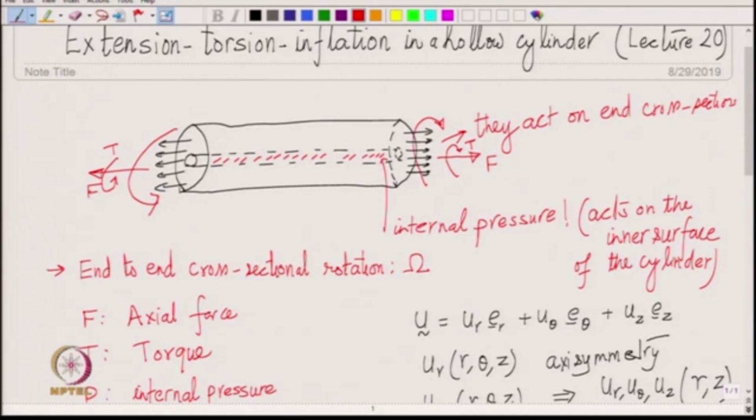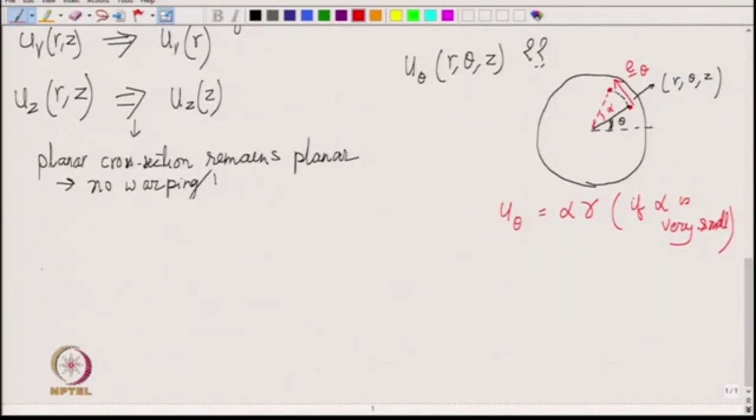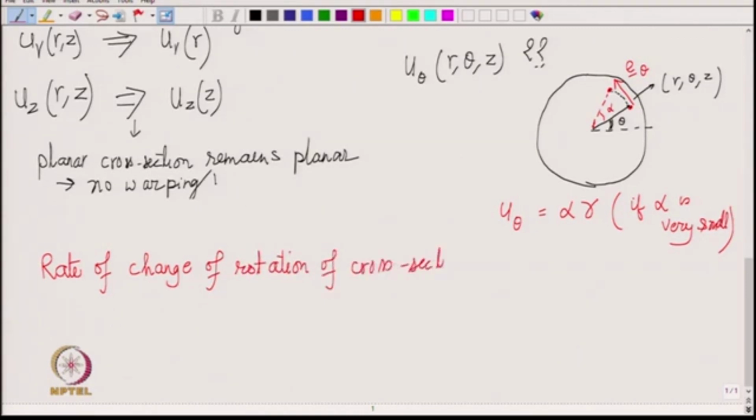It is simply the total rotation divided by the length of the axis, right, the length of the cylinder, which is L. So, the rate of change of rotation of the cross section would be omega by L. So, I can write here that the rate of change of rotation of cross section is omega by L, and this has got a name also. This is called twist.